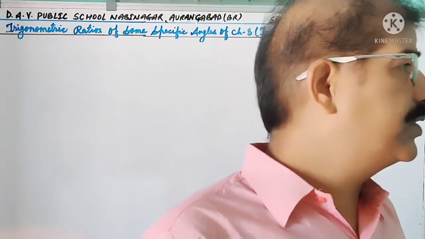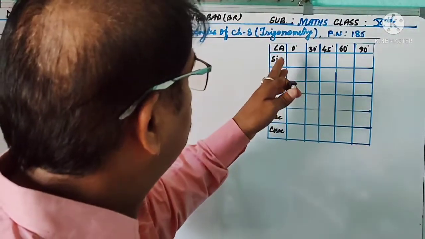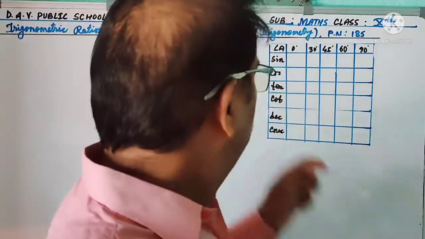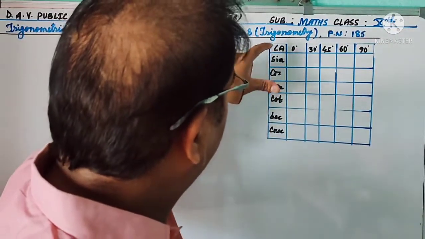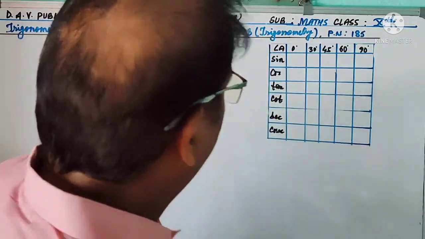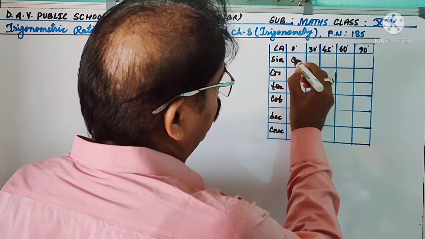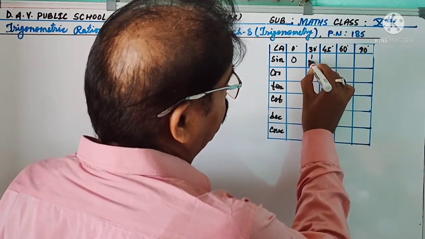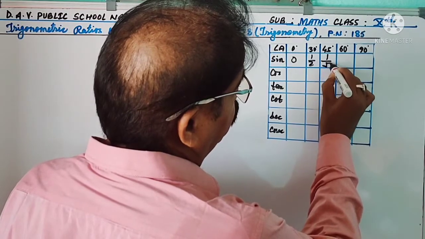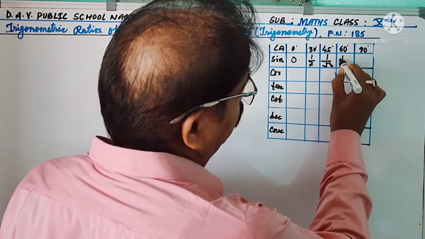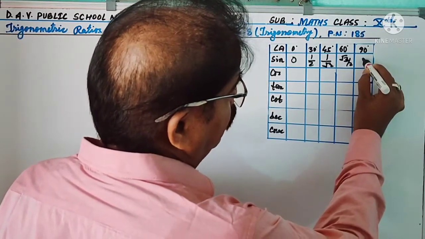Dear friends, in the previous class there are 6 ratios: sine, cos, tan, cot, sec, cosec. If the angle is A, then the value of sine 0 is 0, sine 30 is 1 by 2, sine 45 is 1 by root 2, sine 60 is root 3 by 2, and sine 90 is 1.